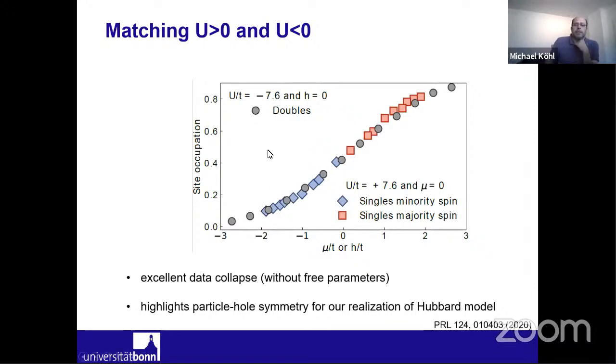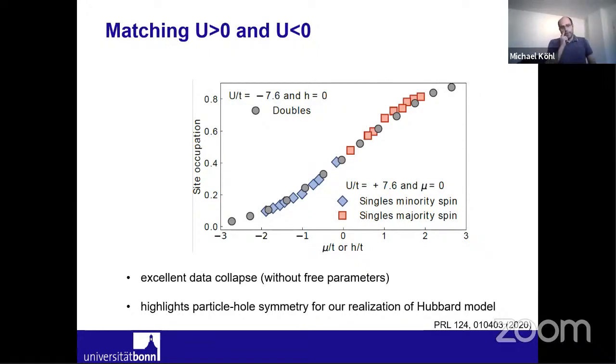And you see the gray data points from the previous transparency, as well as the red and the blue data points for the majority and the minority spins. So we get excellent data collapse, and this really shows that this particle-hole symmetry works, so that we get the same equation of state as a function of density, in one case as a function of chemical potential, and the other case of Zeeman field.